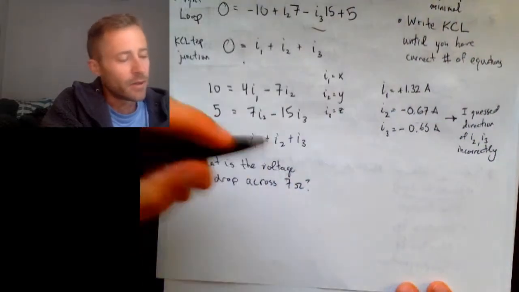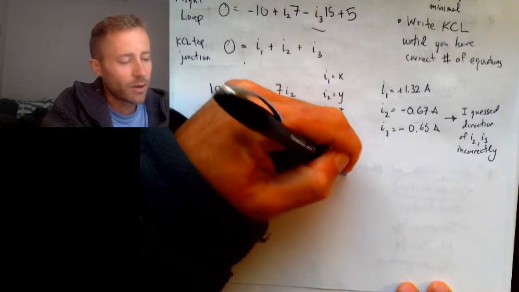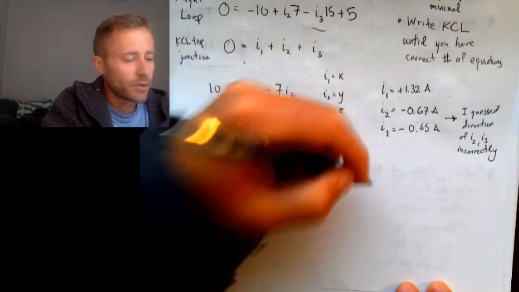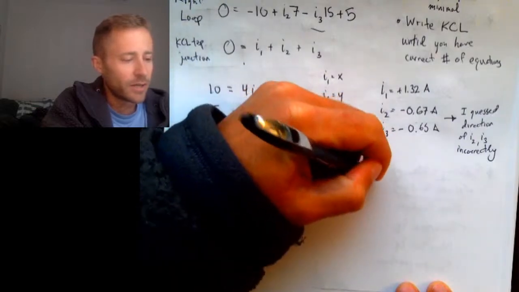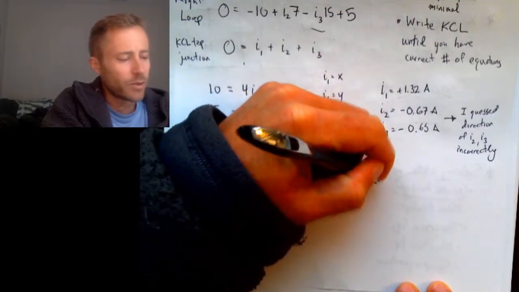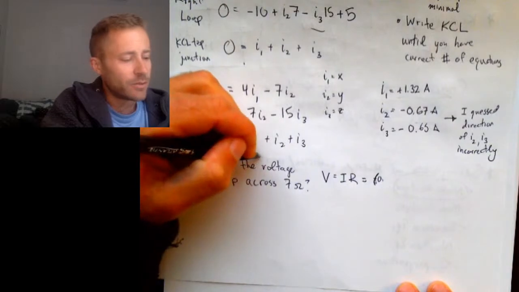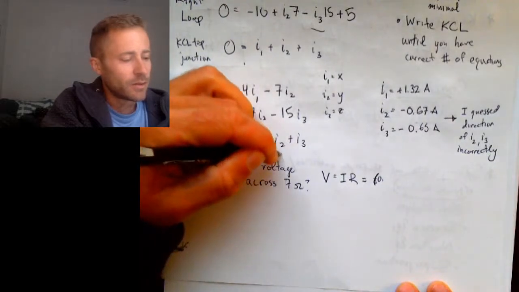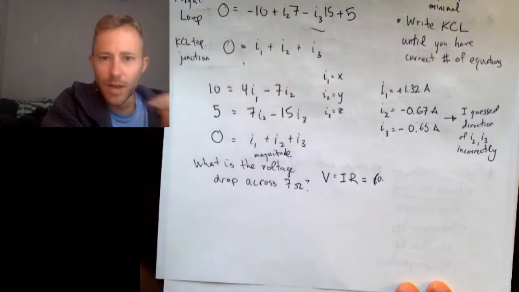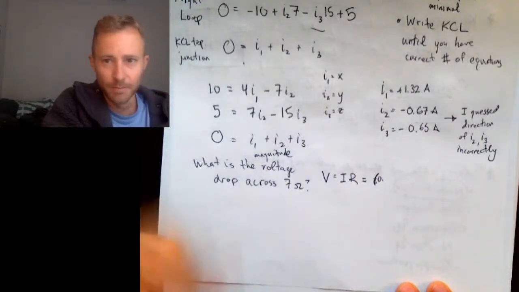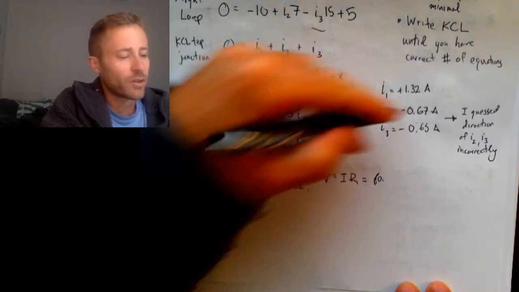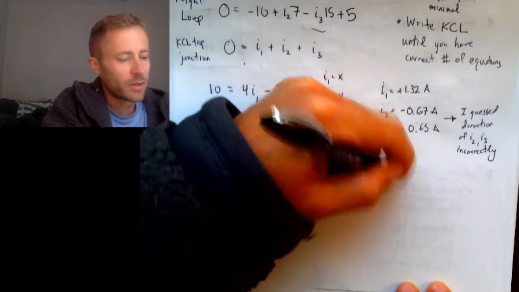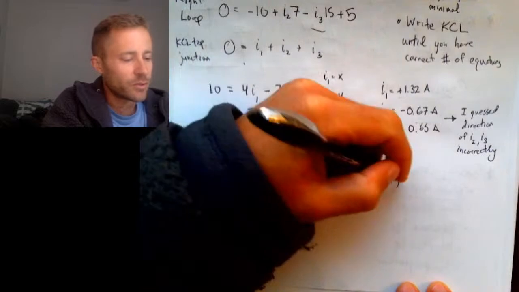So if I say V equals IR, it's experiencing I2, which is negative 0.67. If we just want the magnitude, so I don't have to worry about the sign of the current, it's 0.67 times its resistance, which is 7. So that many volts.